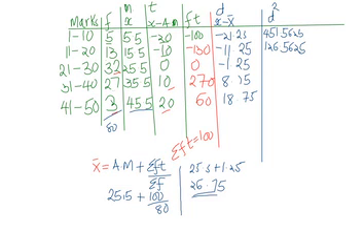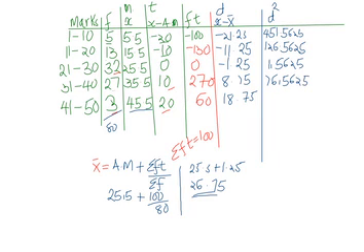Negative 1.25 squared gives us 1.5625. We are supposed to calculate this using your calculator. 8.75 squared will give us 76.5625.